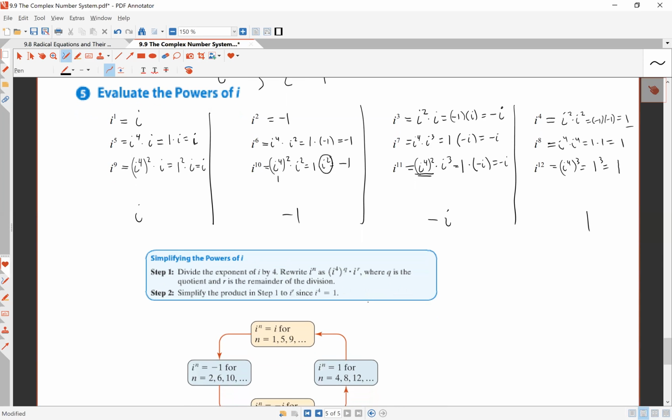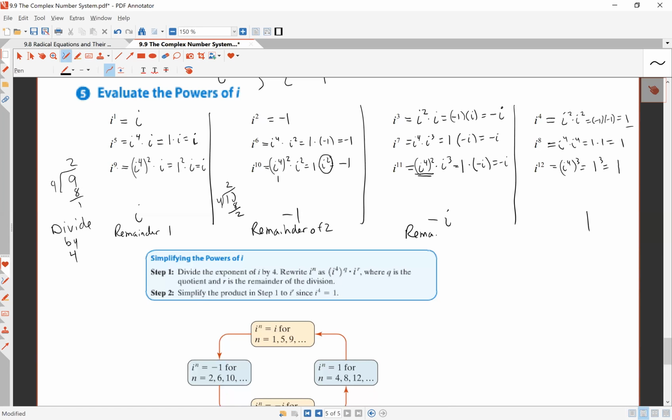So when you look at these numbers in the first column, these are all of your numbers that have a remainder of 1 when you divide by 4. 9 divided by 4 is 2, times 4 is 8, remainder 1. These numbers all have a remainder of 2. 10 divided by 4 is 2, times 4 is 8, remainder 2.